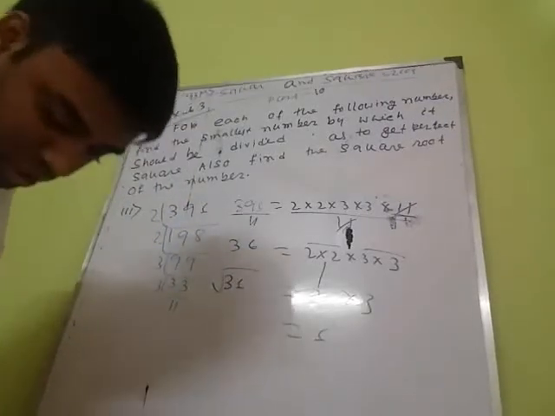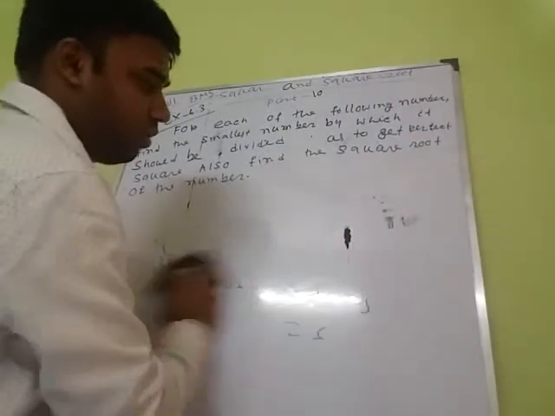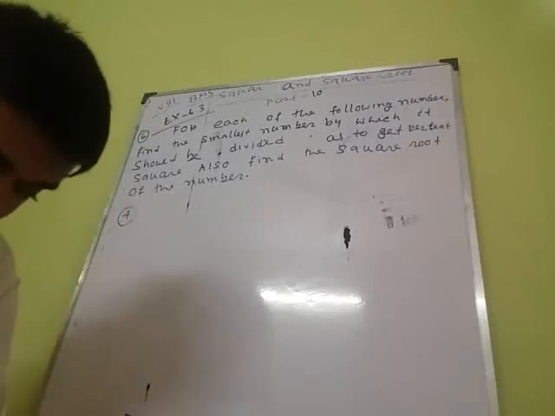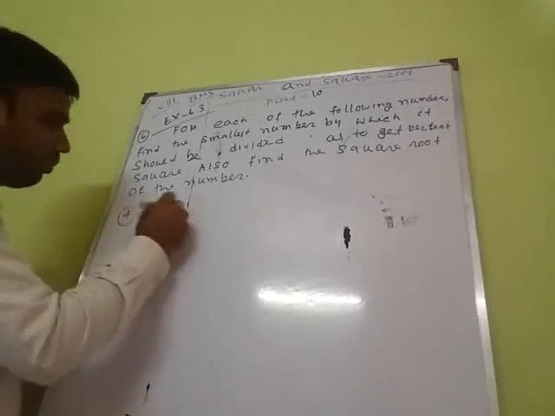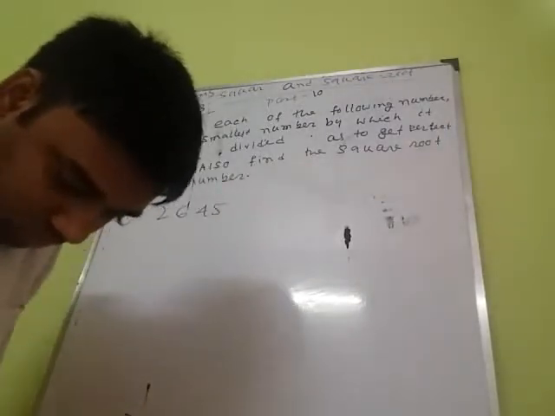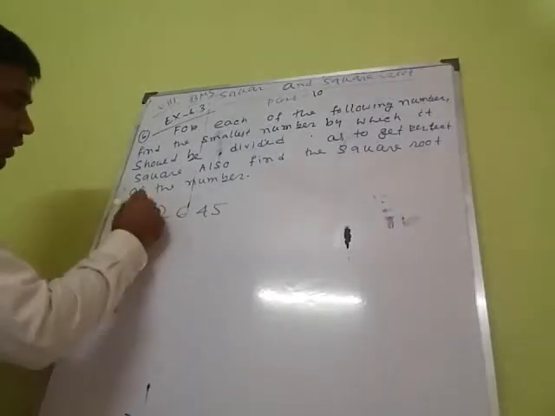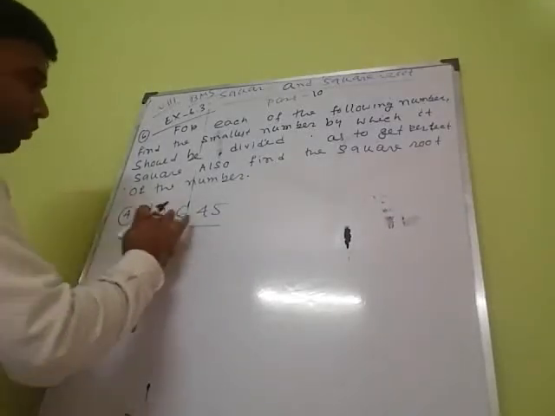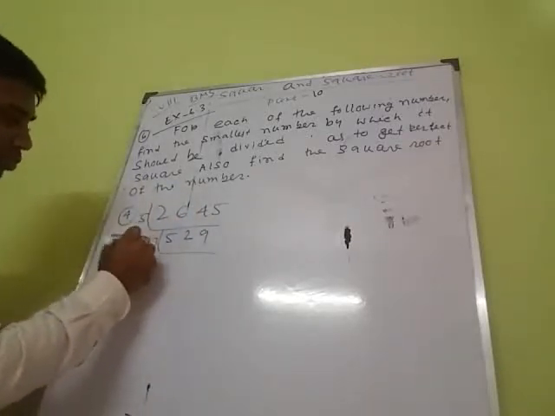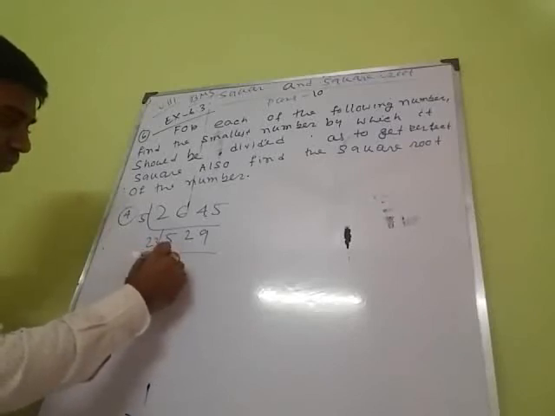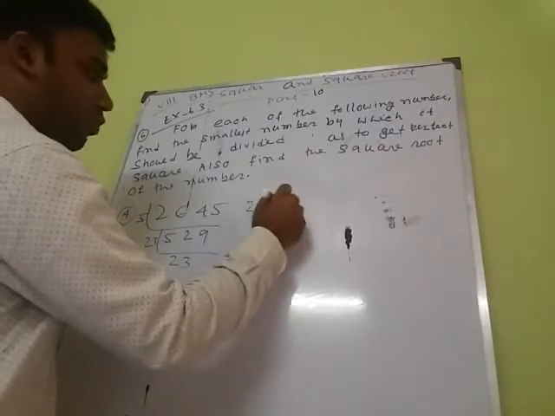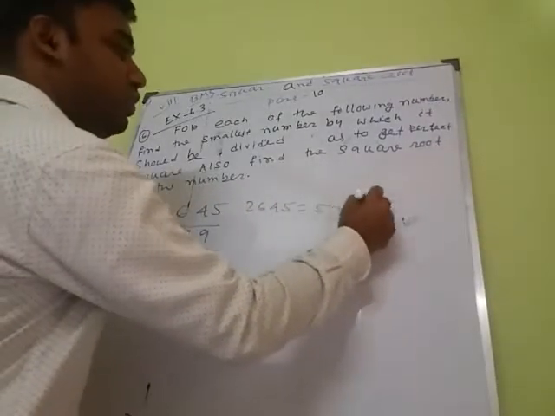Now the fourth part of the question is 2645. First divide by 5, and we get 529. So 2645 equals 5 into 23 into 23.